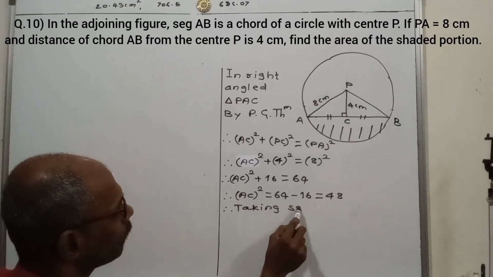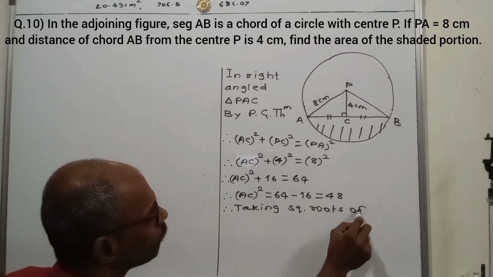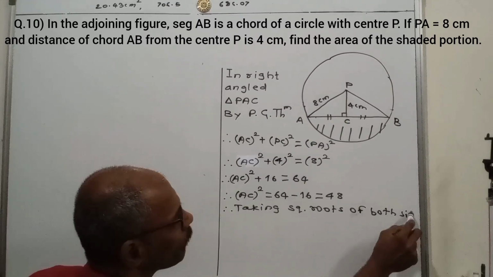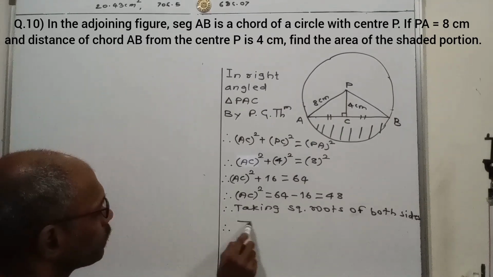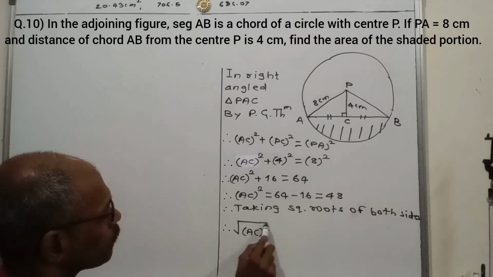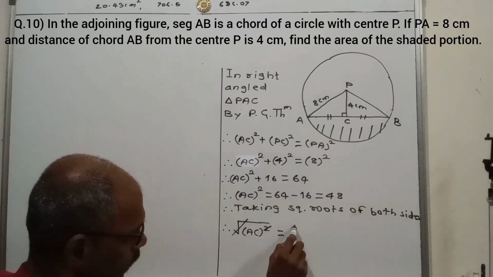Therefore, taking square roots of both sides, we take square roots of both sides. Square root of AC square, square and square root cancelled.